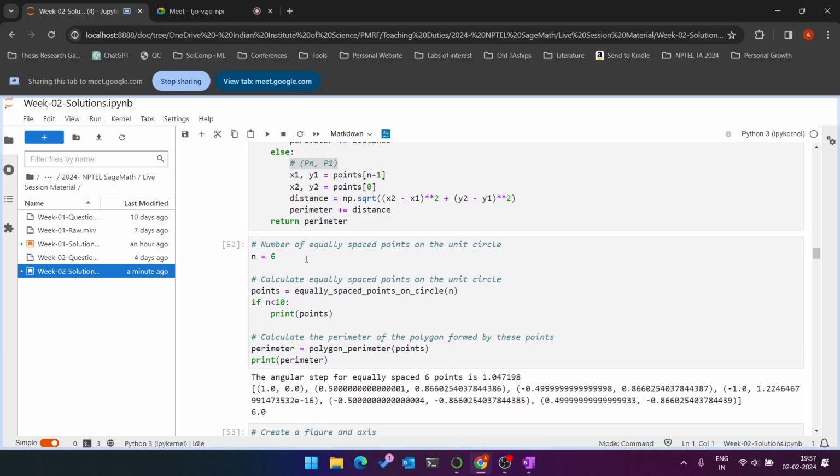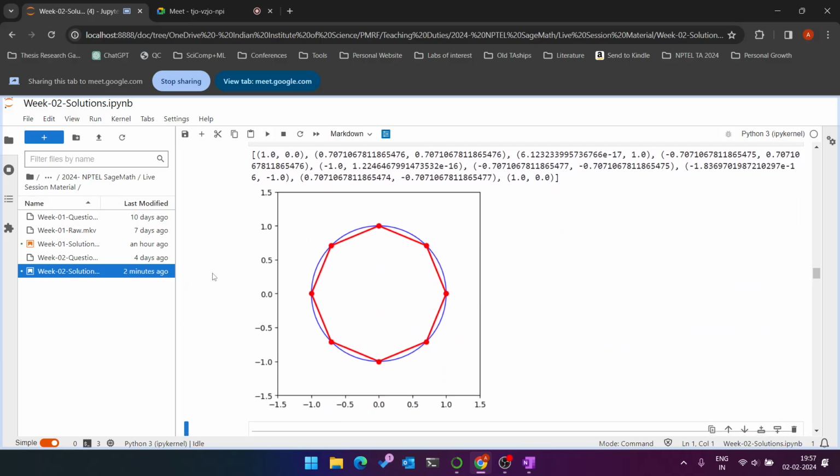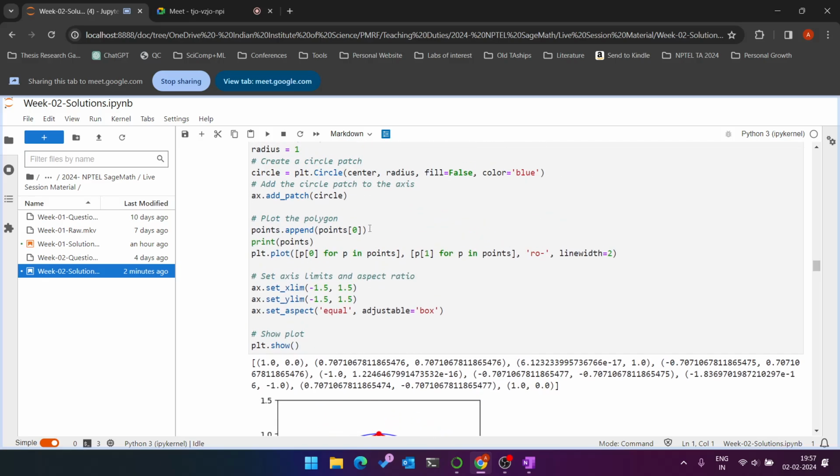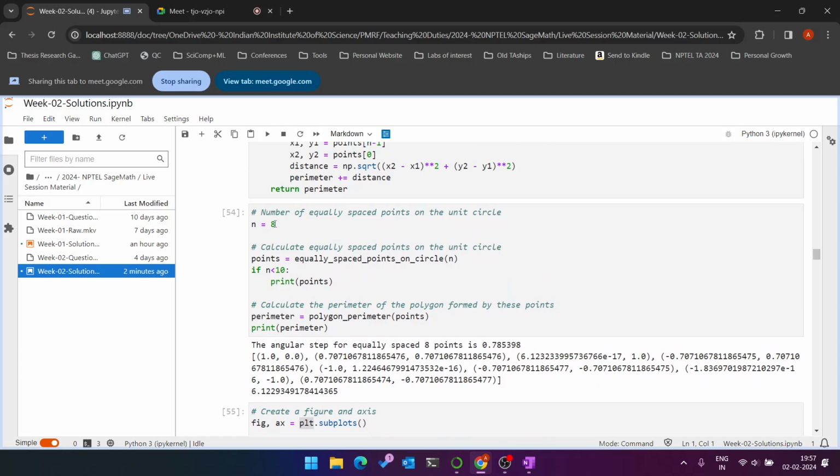If I change this to say 8, an octagon, you can see that now the distance between any two consecutive points is much closer to the length of the arc as compared to, say, the case when we had n equals 4.